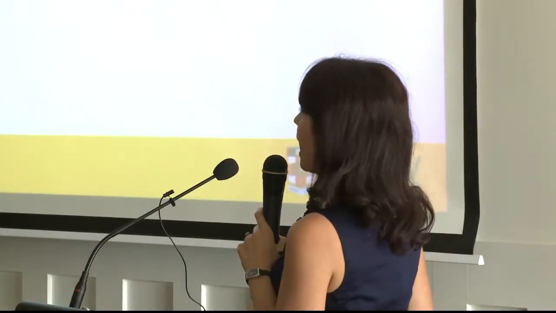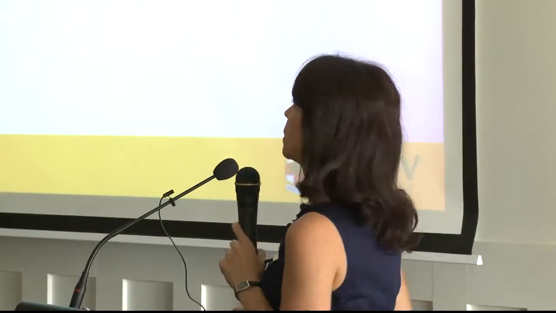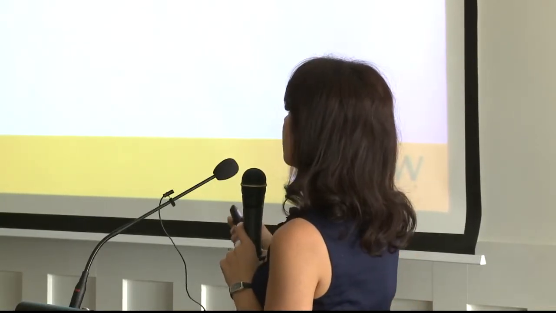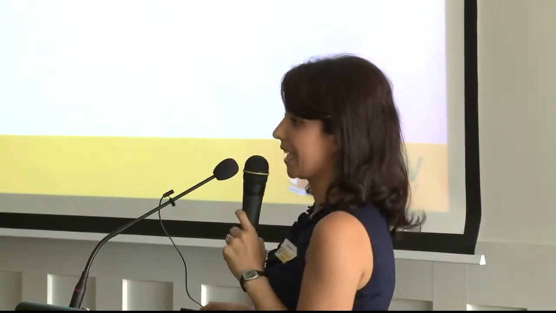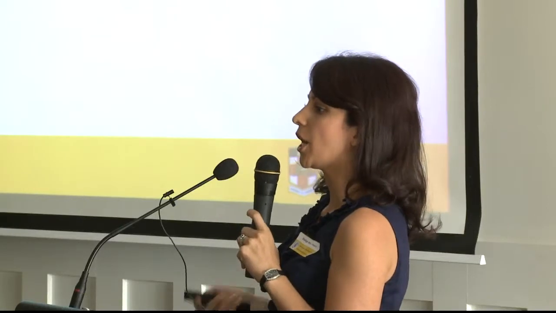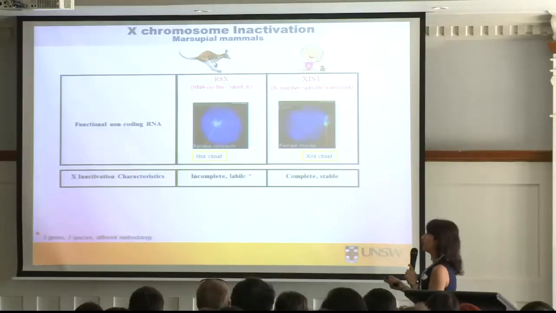What we know for a fact is that there is no XIST present in marsupials. Instead, they have a gene termed RSX, RNA on the silent X. This gene, similarly to XIST, codes for a functional RNA, which is not translated into a protein.